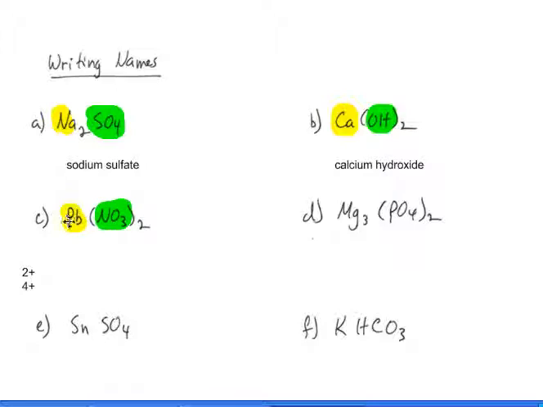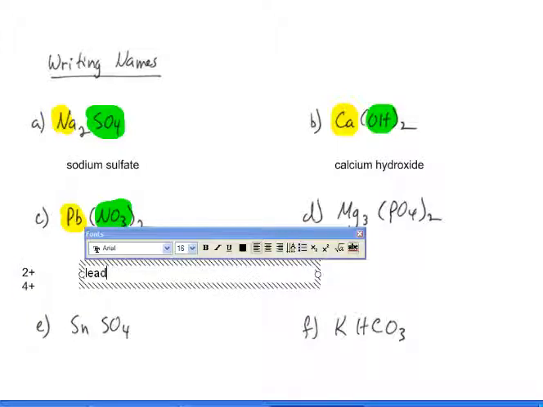So we know right now that that lead must be 2 positive, because if we have 2 negatives, and there's only 1 lead here, it must be 2 positive. So it's that version. So you have to do a little bit of work there to figure out which one we're dealing with. So lead 2 nitrate.